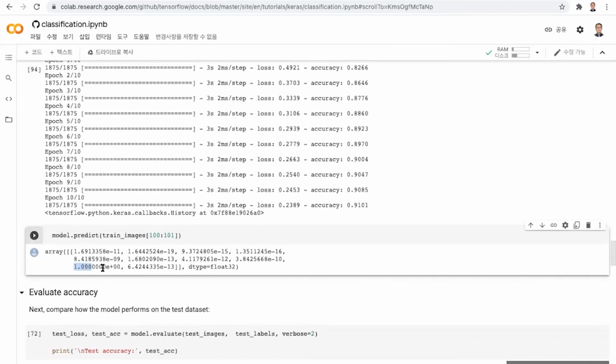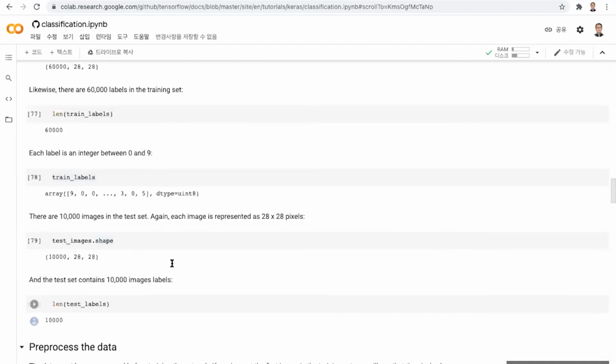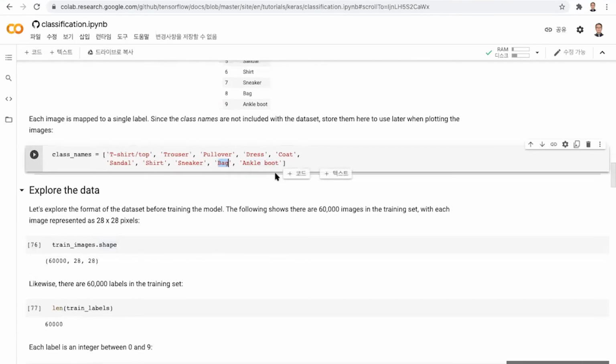Oh, it's almost perfect probability of class 8. So let's go to the class name. Yeah, it's a bag. So it gives you the probability of each category or each class.